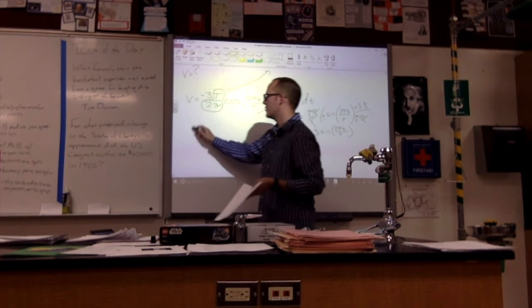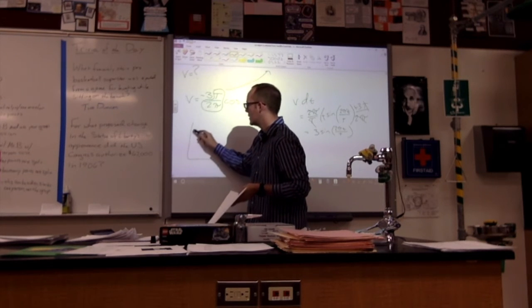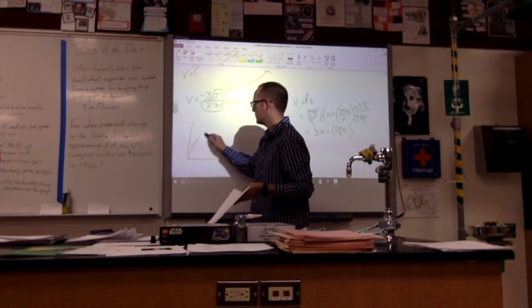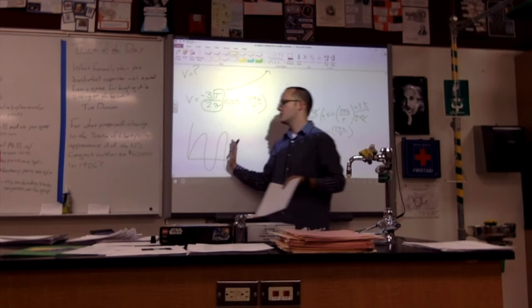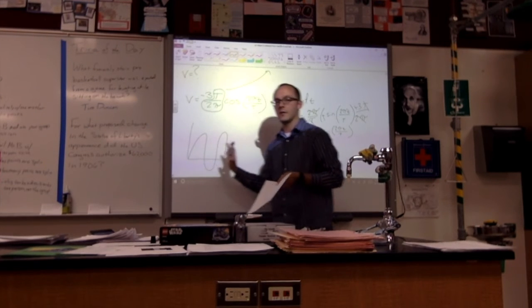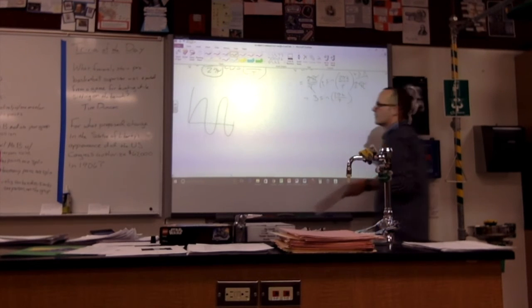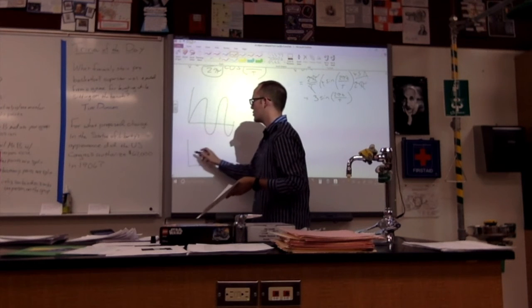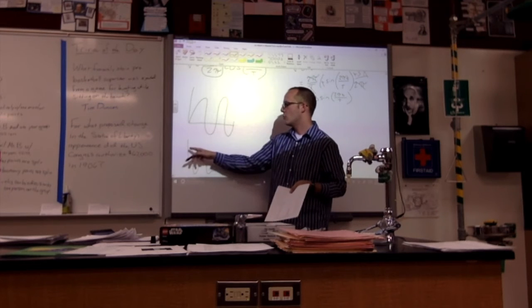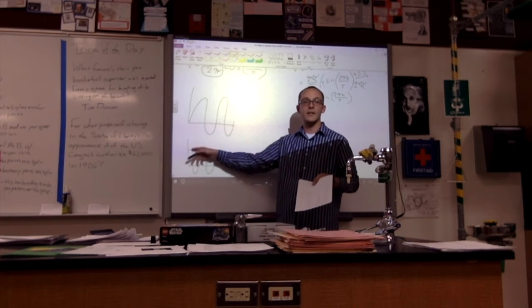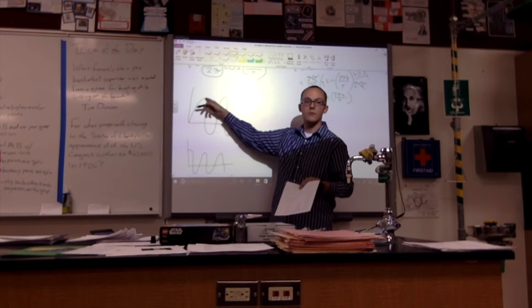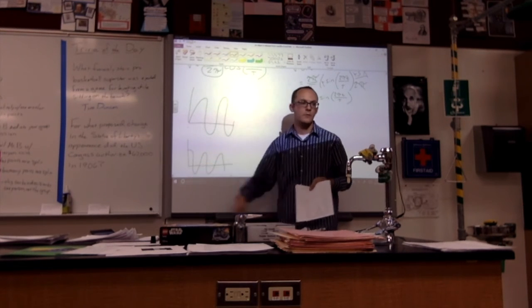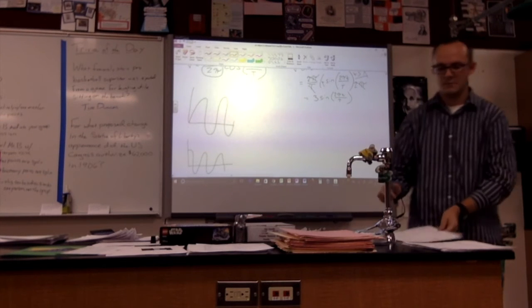A cosine function is just shifted over 90 degrees, so the peaks and valleys match up with the values. This starts off at a high value when the slope is the greatest, and this is 0, so it's shifted over 90 degrees.